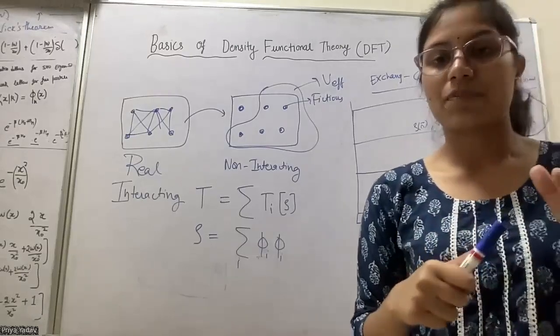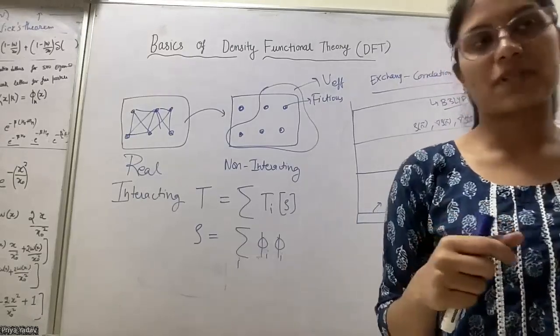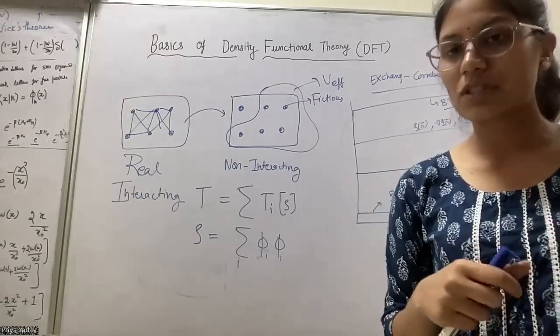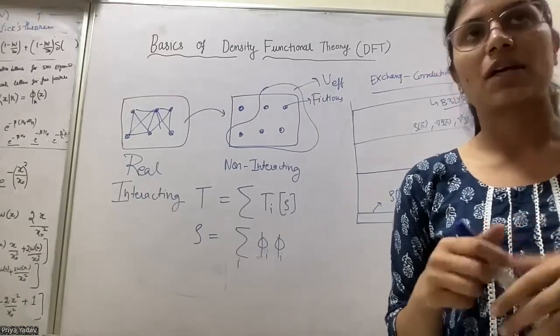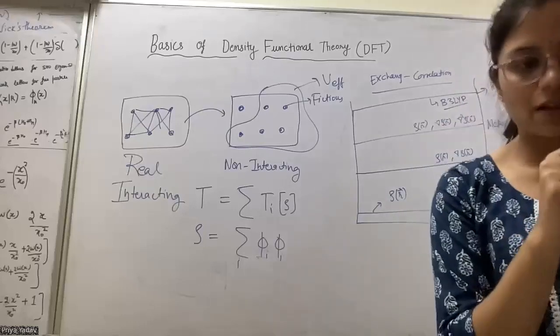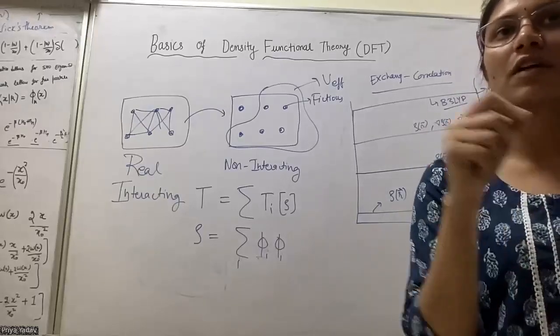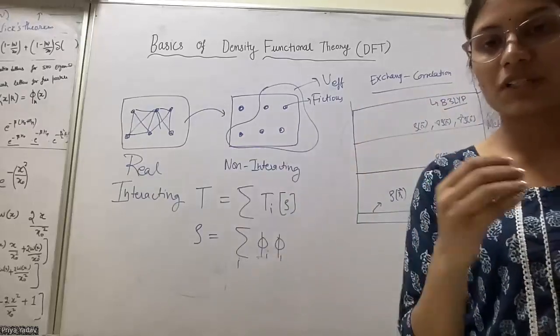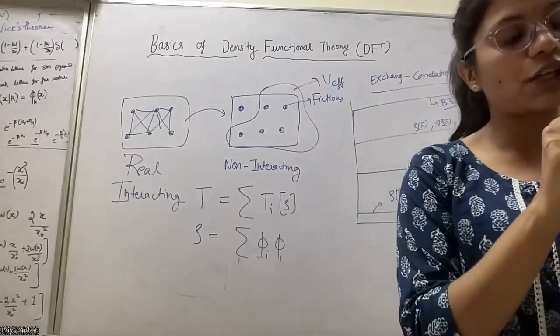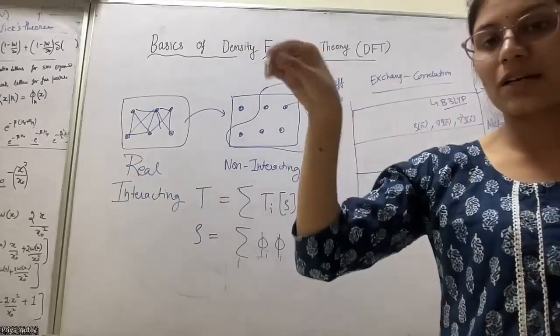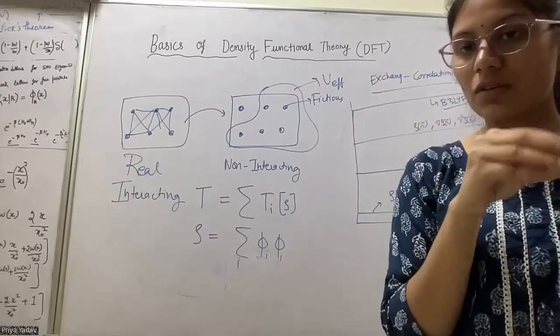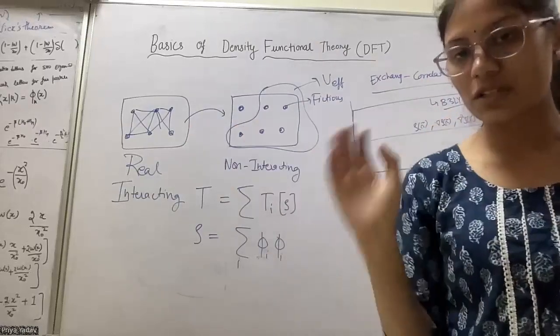I think you are talking specifically about the plotting, but if you see the logic, in the wave function, it is a function of r1, r2, r3 up to rn. It is giving you the entire information on how the system is.